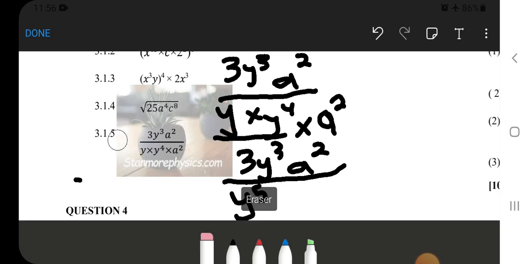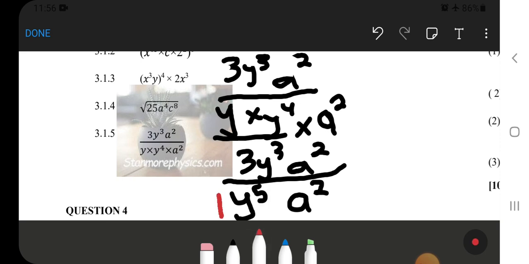So we have y to the power of 5, and then a squared. Now here we have 1y to the power of 5, and here we have 3y to the power of 3. So we will be dividing. 3 divided by 1 is going to give us 3.